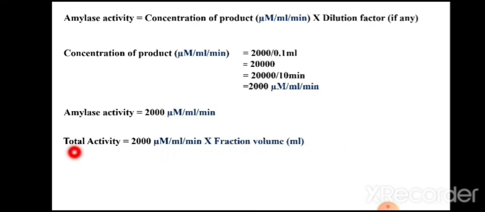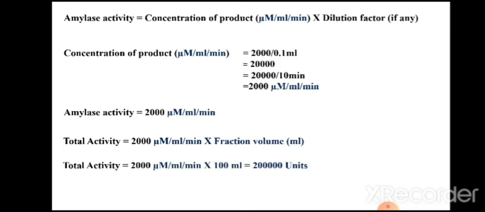So if you want to determine total activity, this is per ml activity, you can multiply that with this fraction volume. Say for example, you have 100 ml of that supernatant, that is the crude extract, then this 2000 into 100 will be 200,000 units. So this is variable, it can be anything. This is how you determine the amylase activity or enzyme activity.